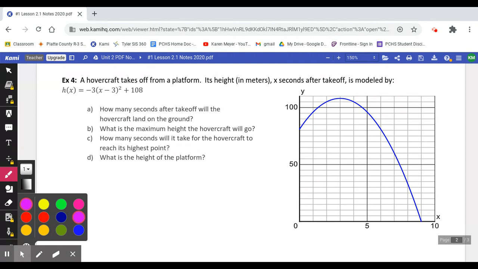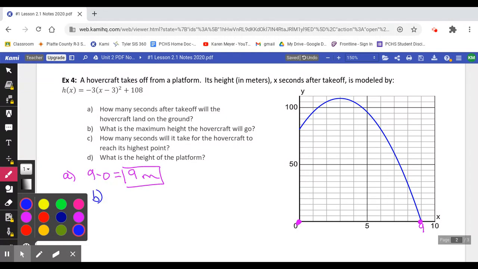Once again, taking off at 0, landing at 9. So the distance between 0 and 9 is 9. Is everybody okay? The answer for A is 9 seconds.